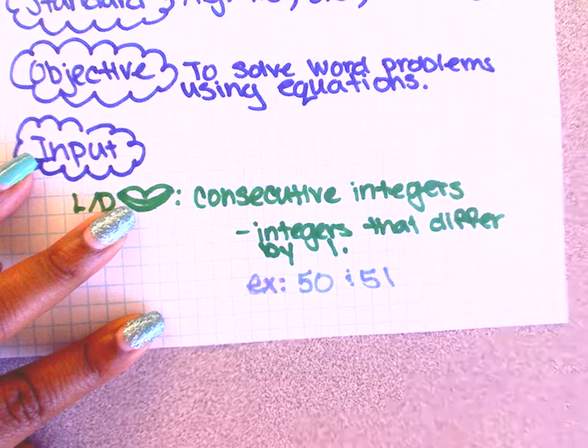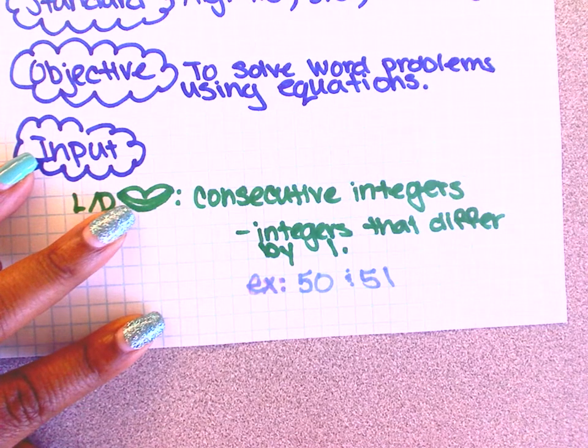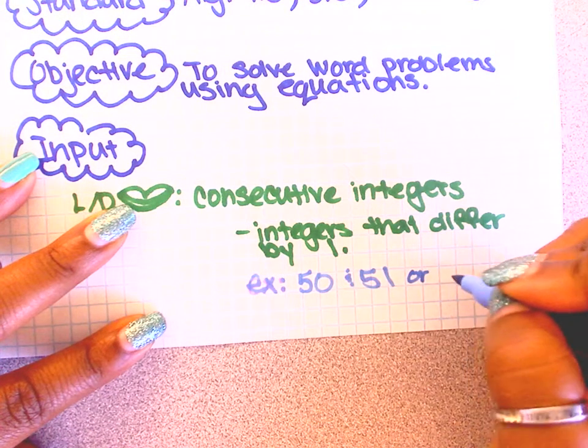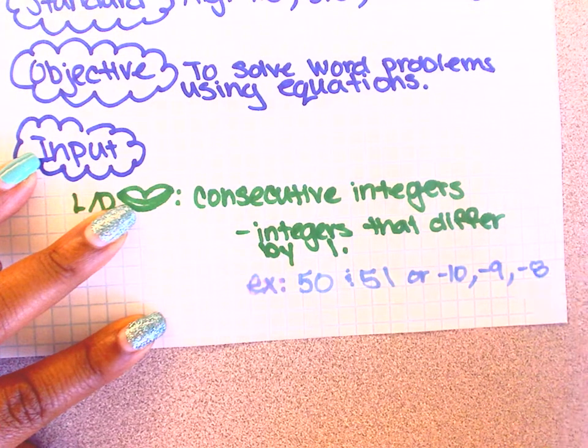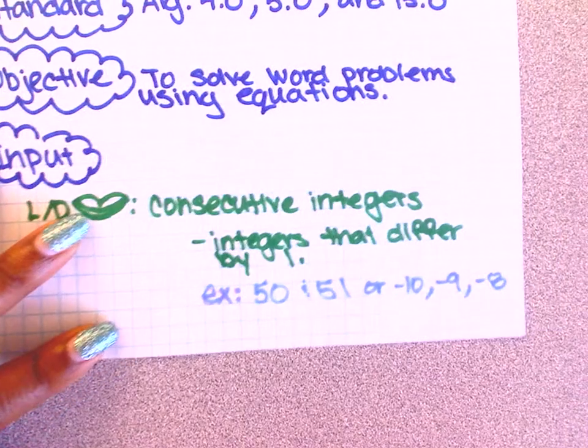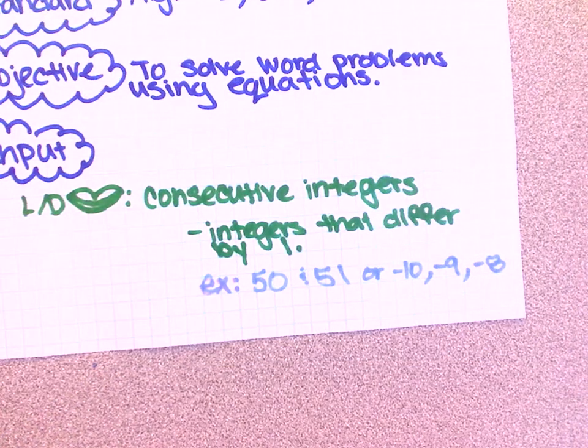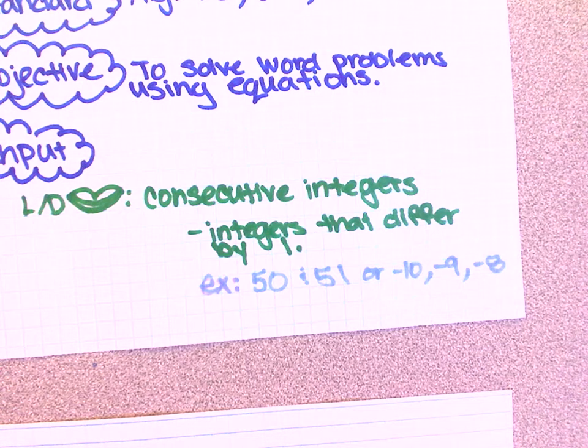They differ by 1. Simple. Or something like -10, -9, and -8. Those integers are consecutive. They go in order, and they differ only by 1. Simple, right? Pencil up when you have that word all written down.